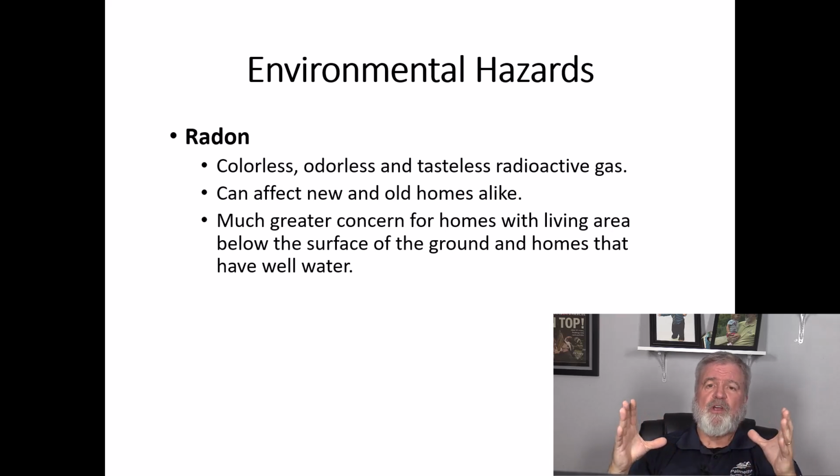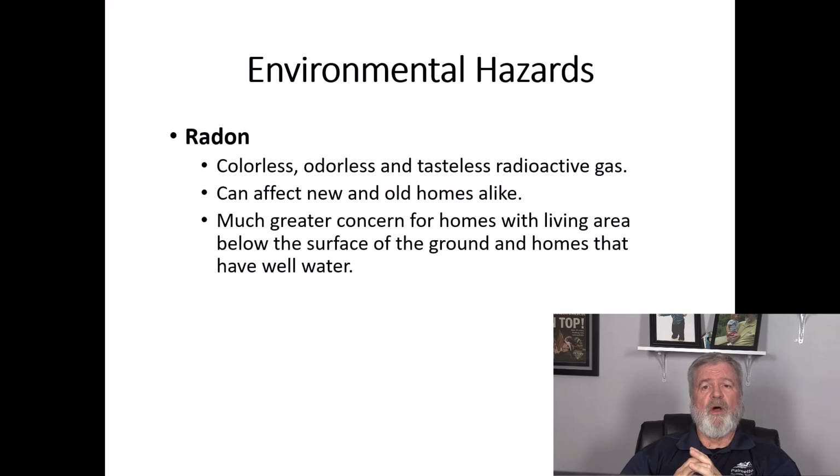The problem is, when the house is built, one, you don't know if radon will be coming out of the ground here, and you certainly don't know where it's going to come out of the ground. Now, once we identify there is radon, then they can pinpoint exactly where it's coming out of the ground, and you can have it vented away from the house.